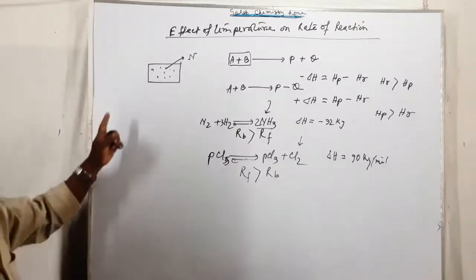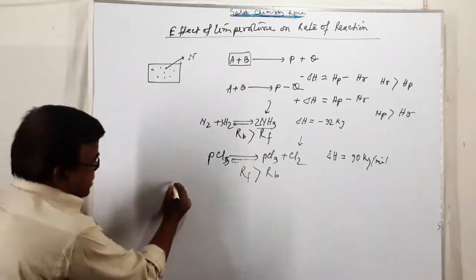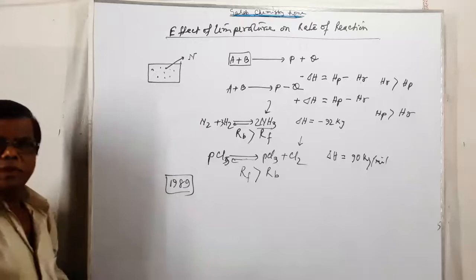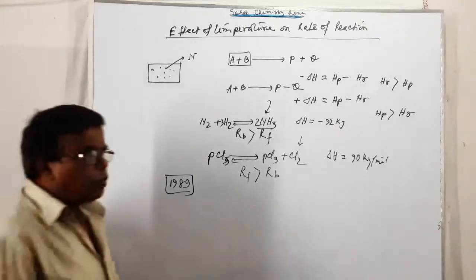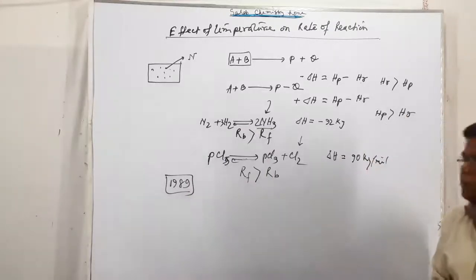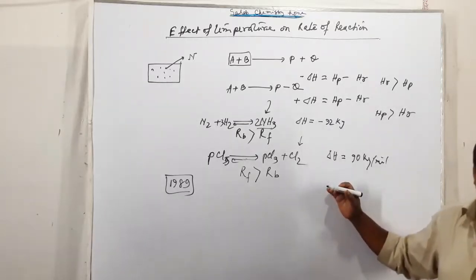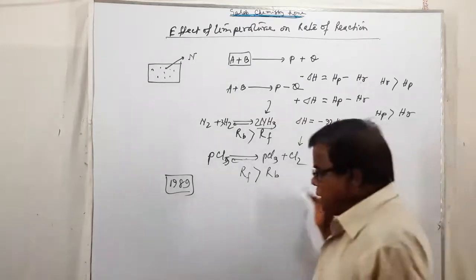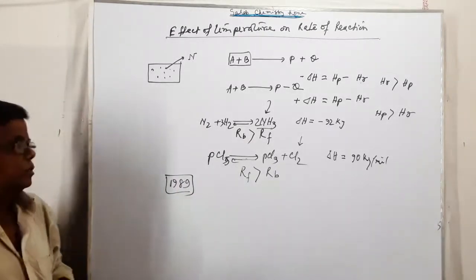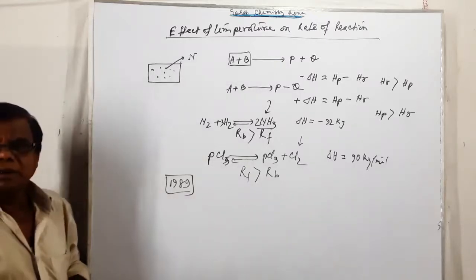Now, the effect of temperature on the reaction: in 1889, Arrhenius first experimentally proved that at a 10 degree Celsius temperature rise the rate of the reaction will double, and he first found the relation between the rate of the reaction, temperature and rate constant.